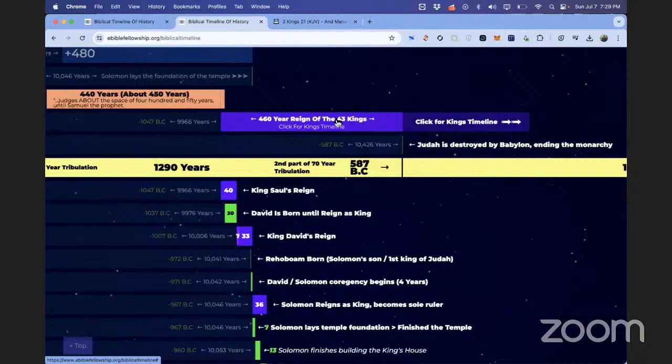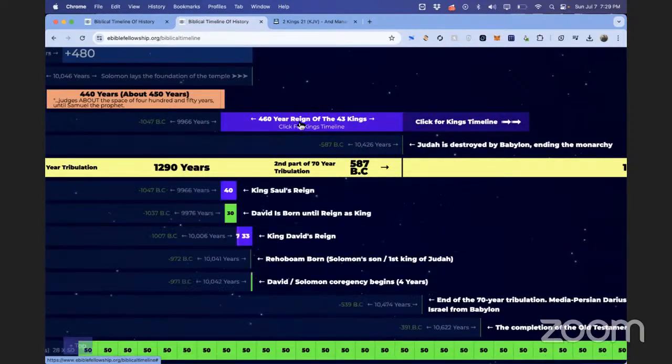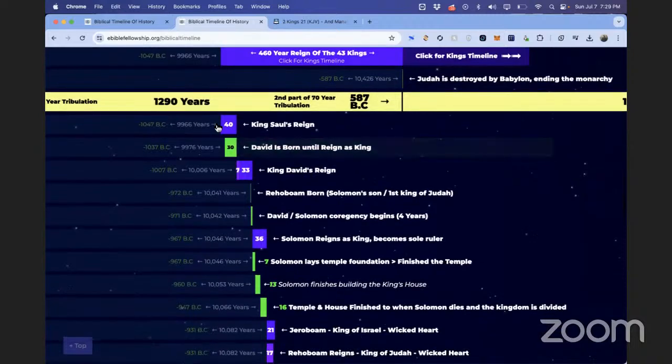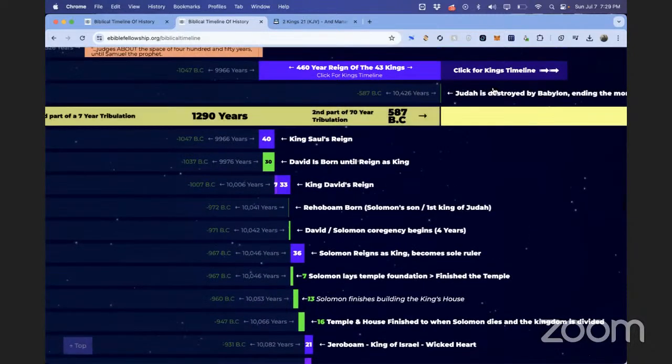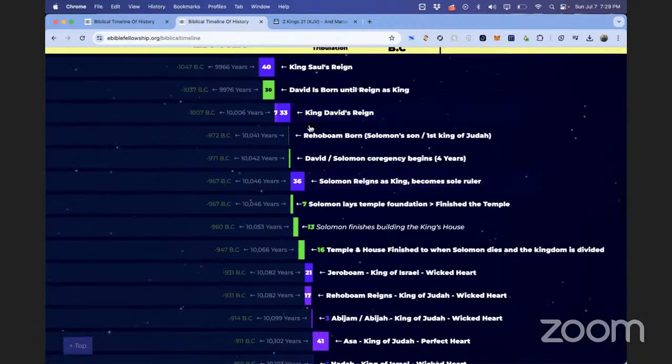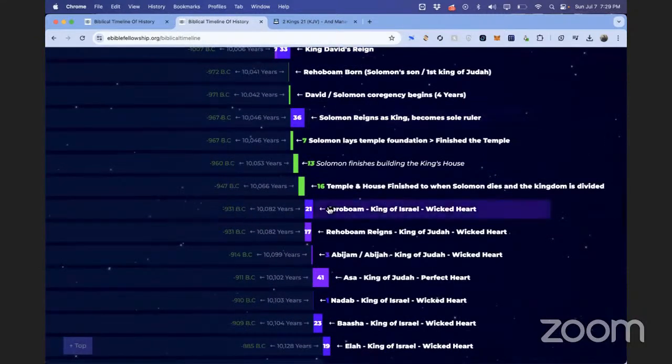So now if we click on this 460-year reign of the 43 kings, you can just see each date without having to click on the more detailed timeline, right? So 931 BC was when Jeroboam took over, because that's when Solomon died.